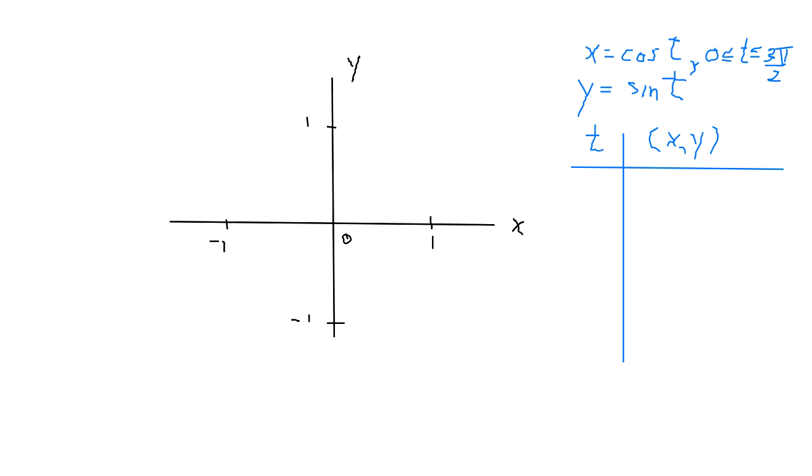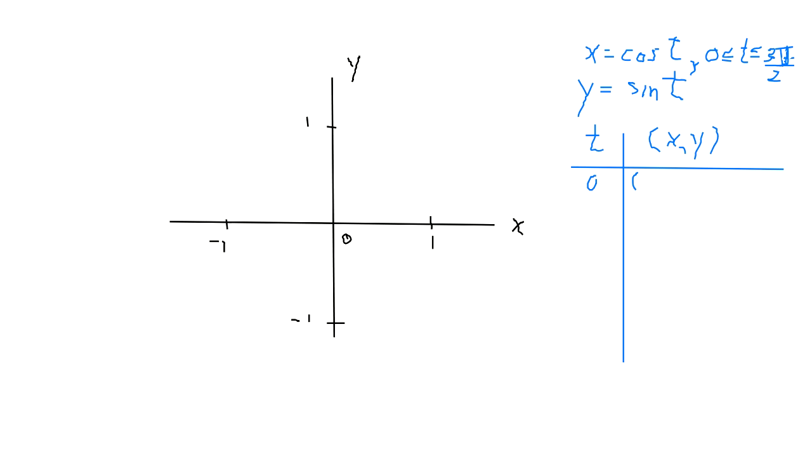So let's think of what's a good starting value if we want to graph this curve using the parametric equations. What would a good starting value be, you think? t equals 0. Colomb, I like that. So if t equals 0, what's the cosine of t?